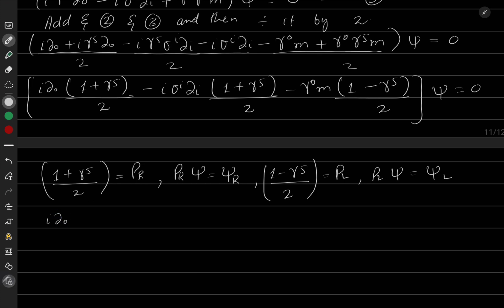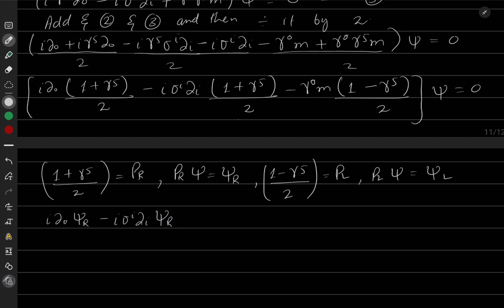Okay, now I'm going to write iota d0. If I apply this chiral operator on psi, I will get the right-handed part of the psi, minus iota sigma I di, and then when I apply this on psi, I will get the right-handed part.